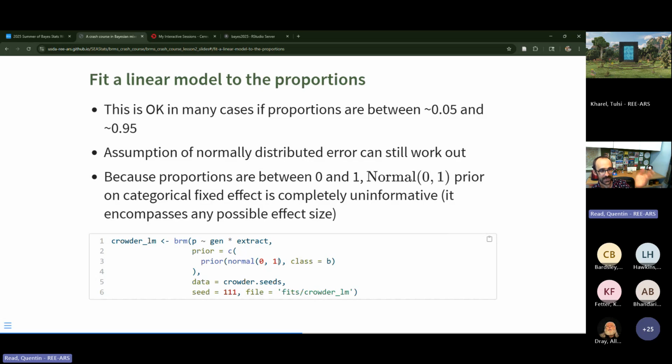All the P's have to be between 0 and 1. So normal of 0, 1 is completely uninformative. It encompasses basically any possible effect size you could have. You can't really have an effect on a proportion like that that's greater than 1. So this is a very uninformative prior, given the small units of our data.